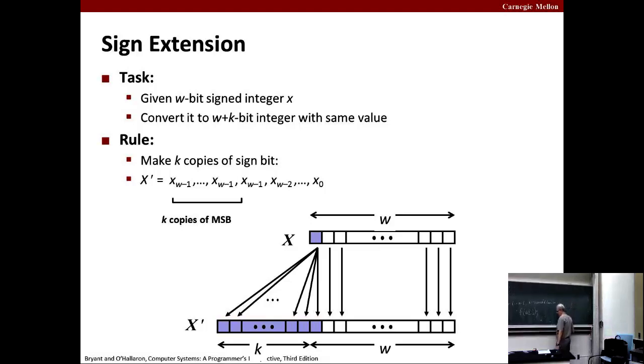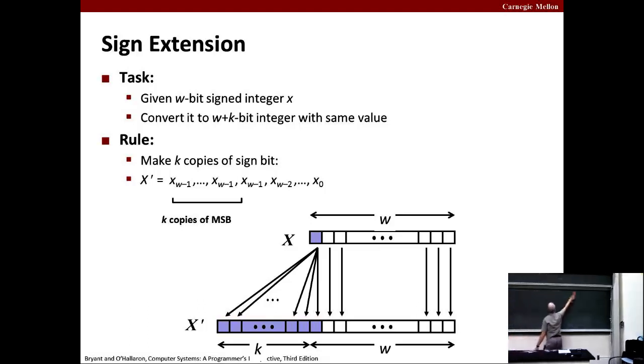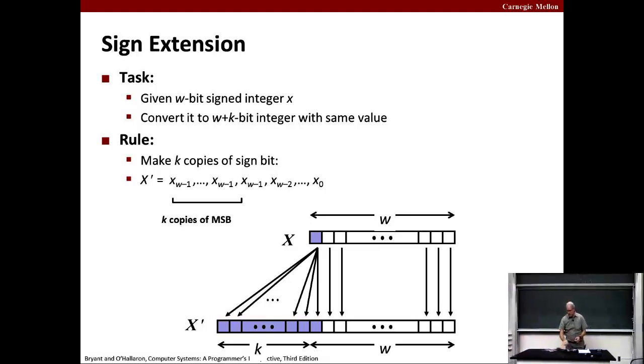And the basic rule is you do it by copying the sign bit to the left. So let me give you the intuition behind that. So let's look at some 4-bit values.